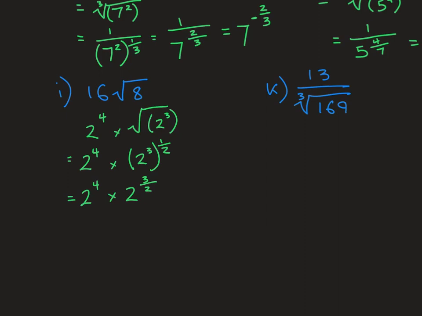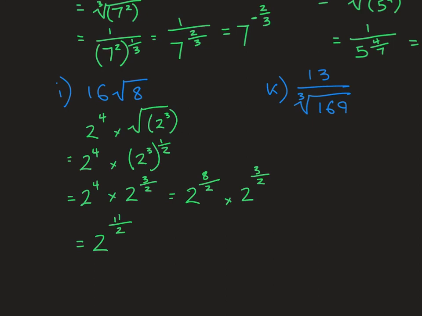Okay, so now, remembering to be able to add our fractions together, we need to convert 4 to a fraction over 2. So that is equal to 2 to the power of 8 over 2. That's right, 8 over 2 is 4, times 2 to the power of 3 on 2. We can then add the fractions, which is going to give us 2 to the power of 11 over 2.